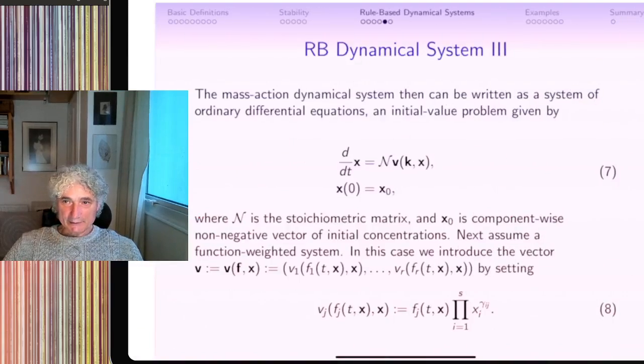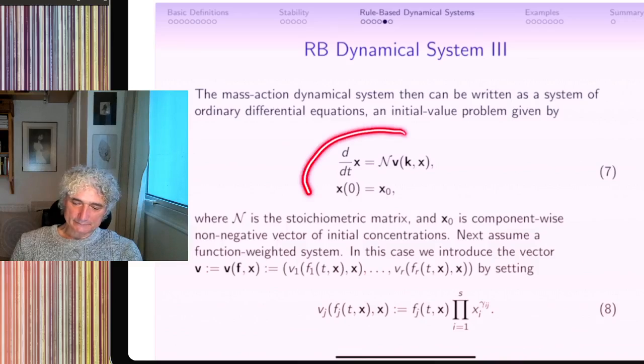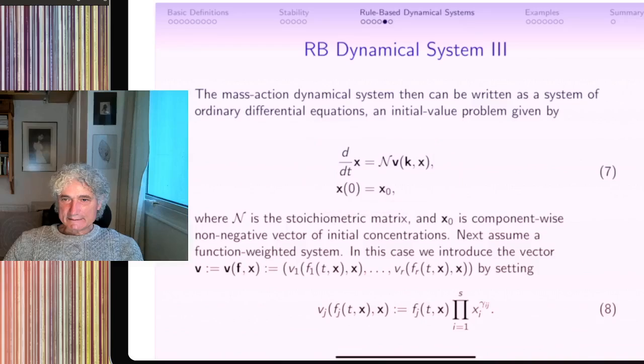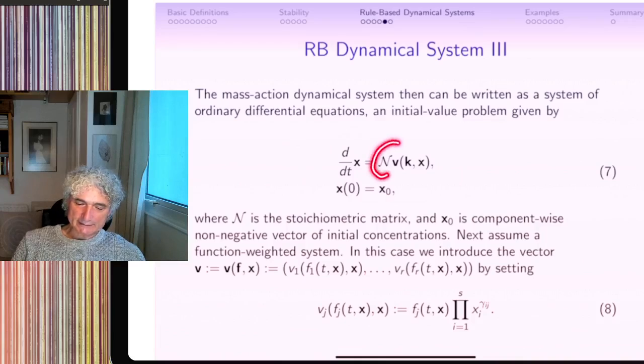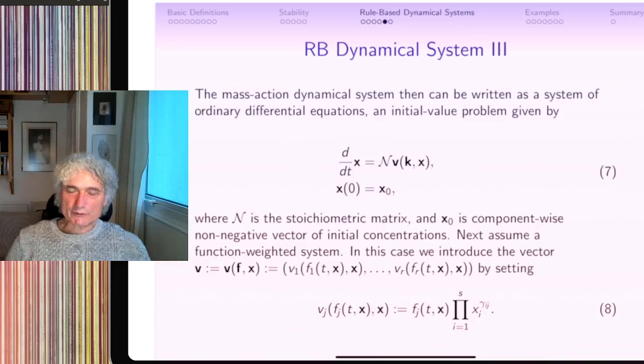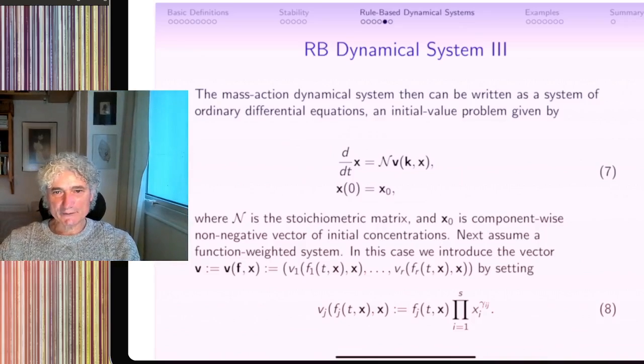So we can actually assemble all these reaction velocities together, and then the rule-based dynamical system is defined as here. This is now in a vector notation. So you have here the whole vector of concentrations, d/dt x, is given by, and this is immensely important, the stoichiometric matrix. Remember, the stoichiometric matrix gives you the net production of certain types in the system.